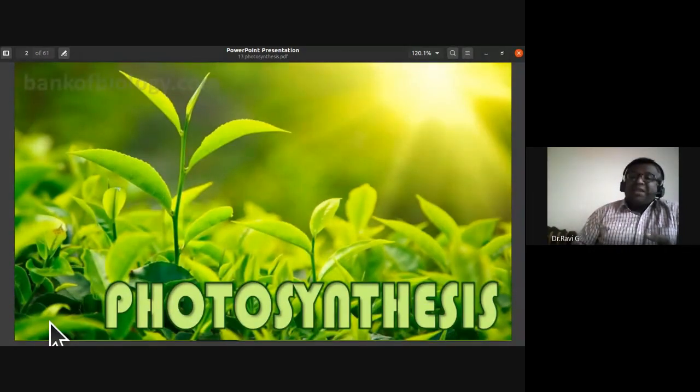Then there is the dark reaction, that is, the light independent reaction. Dark reaction is nothing but light independent reaction. So the dark reaction, the Calvin cycle, we would be studying, where there is carboxylation, that is, carbon dioxide is fixed for the first time in the dark reaction or Calvin cycle. C3 cycle, we also call it.